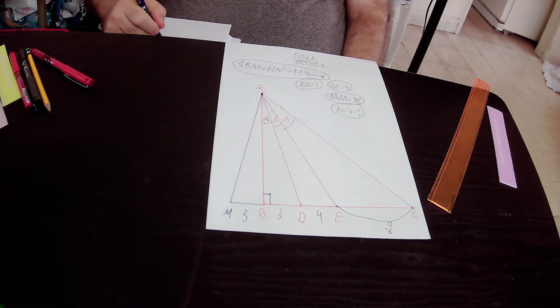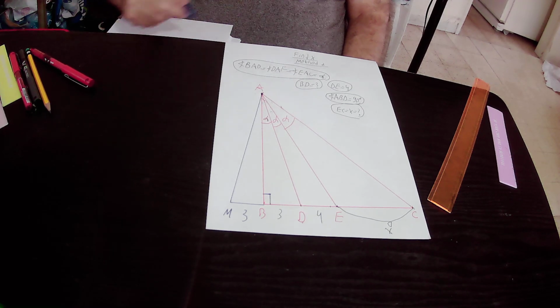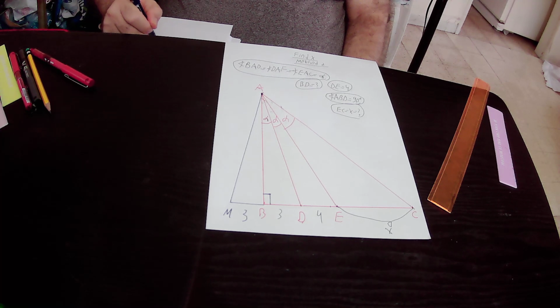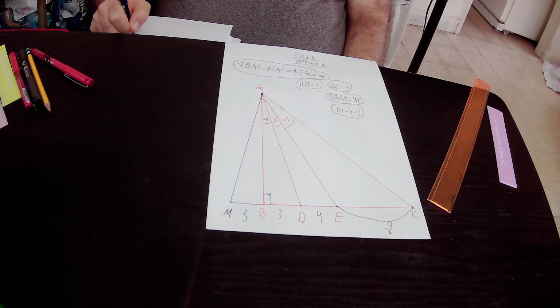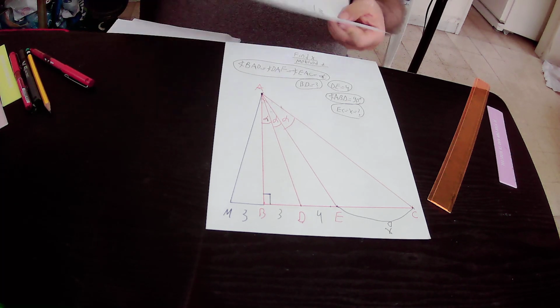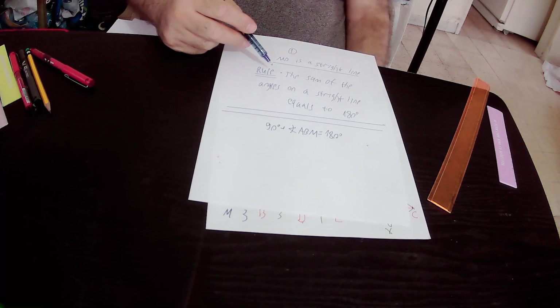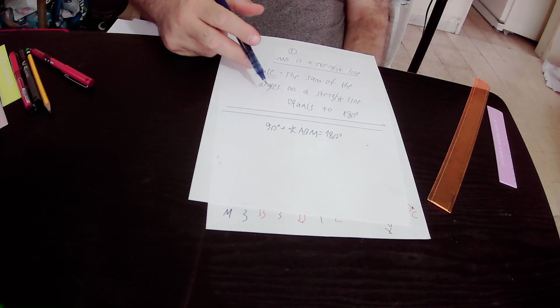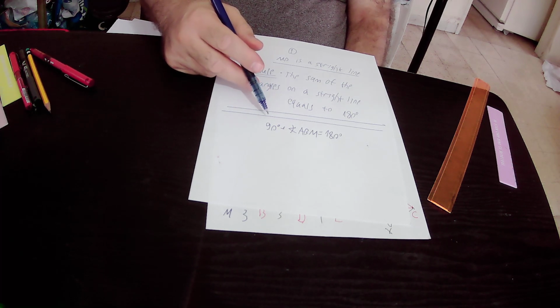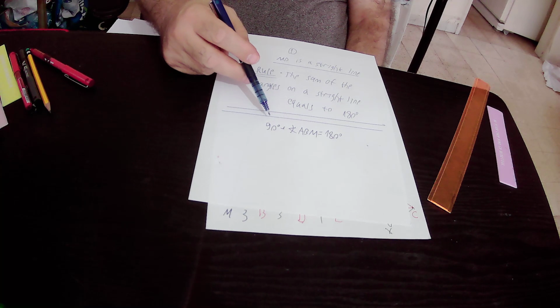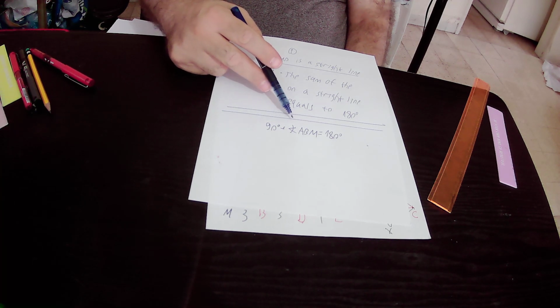So 90 degrees plus the size of angle ABM must be equal to 180 degrees according to this rule that the sum of the angles on a straight line equals to 180 degrees. Therefore, the sum of the angles on the straight line MD at point B must be equal to 180 degrees. That is to say, 90 degrees plus the size of angle MBA must be equal to 180 degrees.